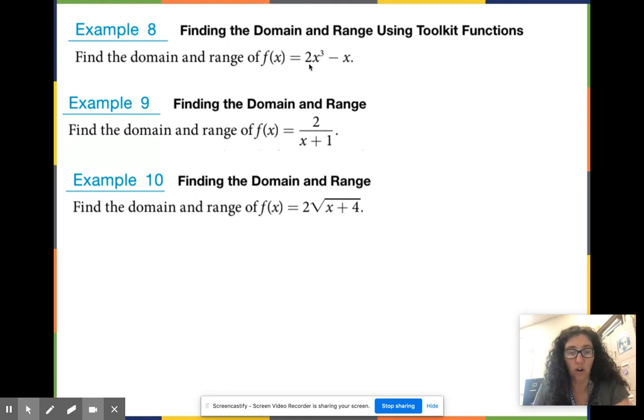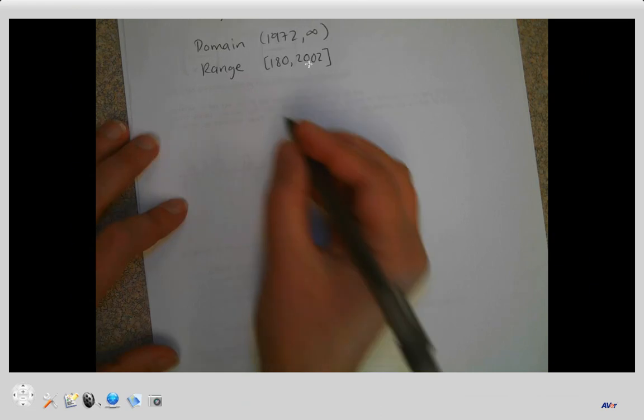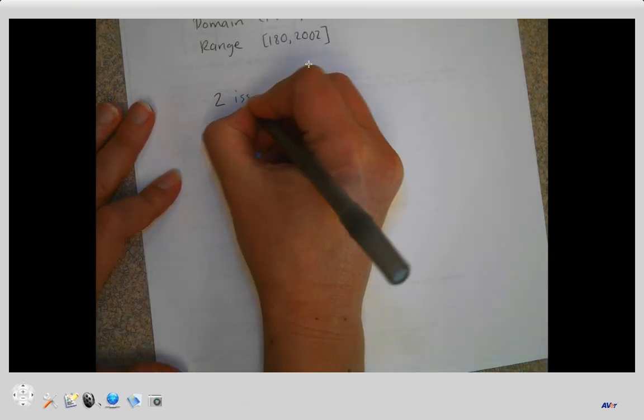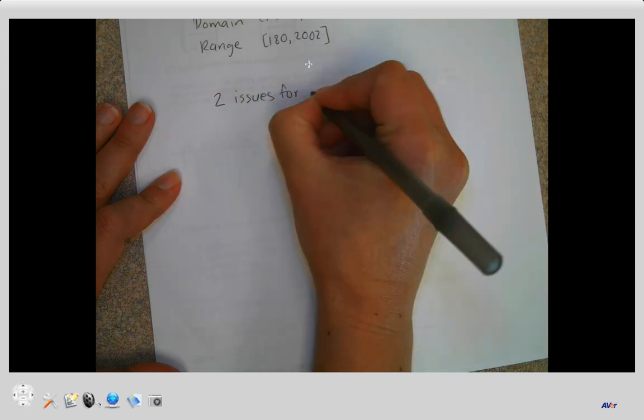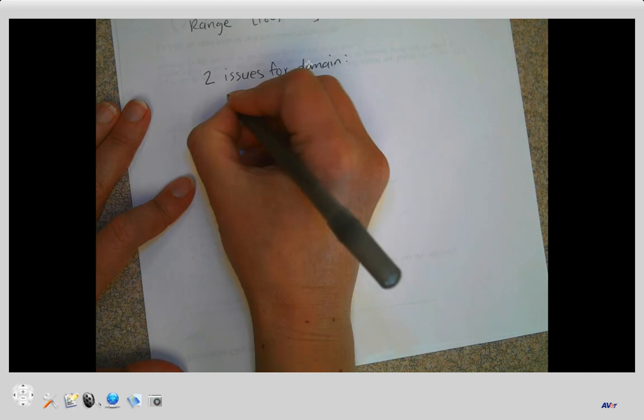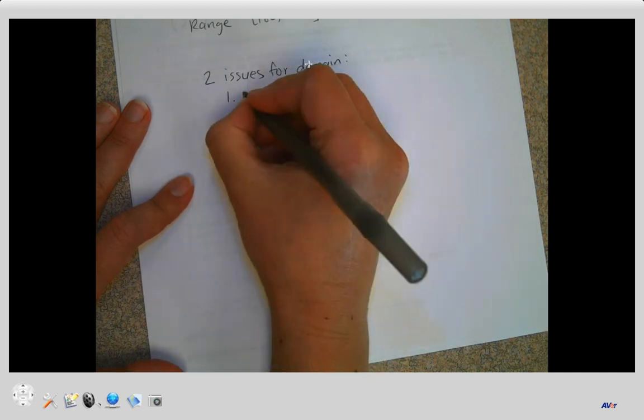Because there are two issues for domain. Can you think what they are? Things that can't happen. One is we can't divide by 0.